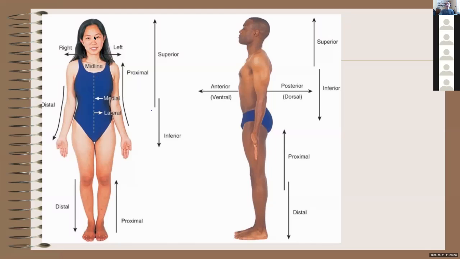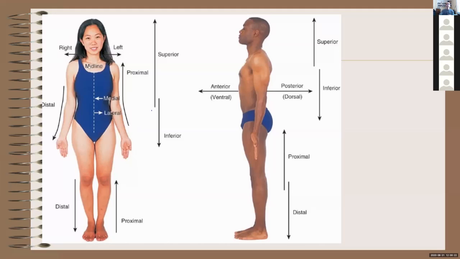So notice how this individual is facing forward, and what we would think of as the right is actually the left. What we would think of as left is actually right. But you have to remember, for her, that arrow is pointing left. For her, that arrow is pointing right.